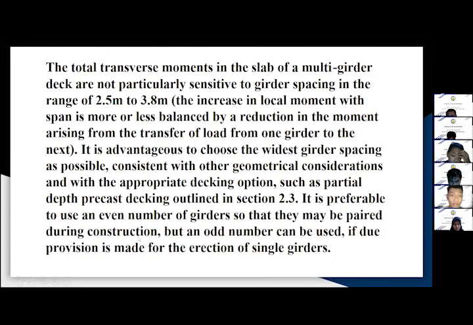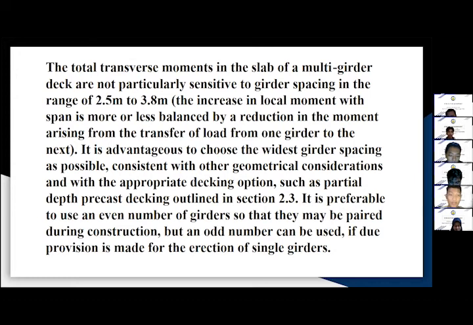The total transverse moment in the slab of a multi-girder deck is not particularly sensitive to girder spacing in the range of 2.5 meters to 3.8 meters. The increase in the local moment with span is more or less balanced by a reduction in the moment arising from the transfer of load from one girder to the next girder.